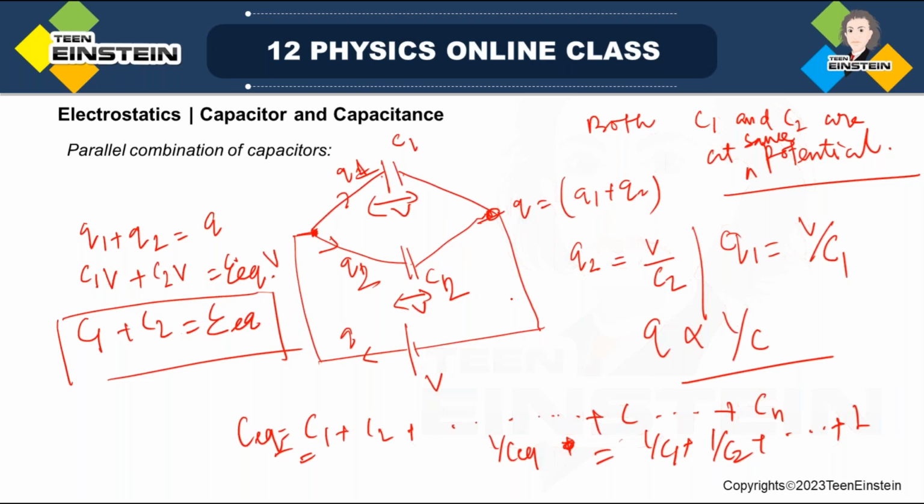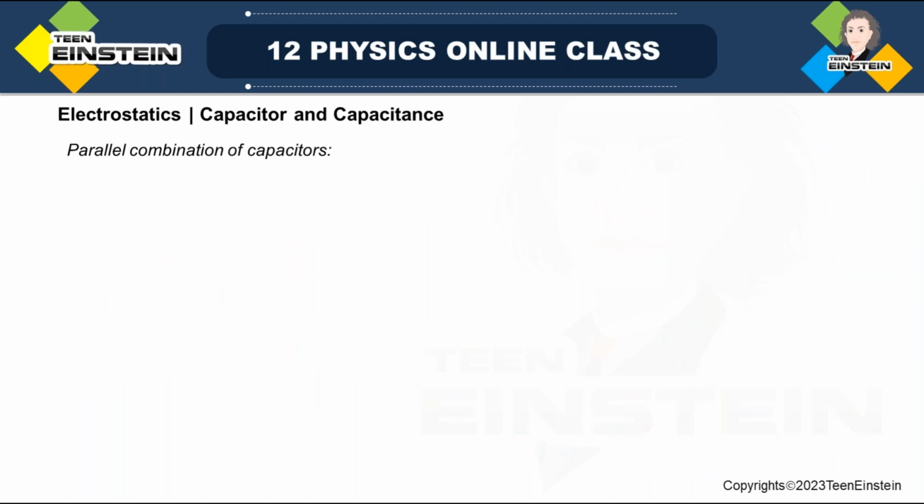So now we'll see some of its applications. I'll just take a simple example of a parallel plate capacitor, to show how to solve the problems.